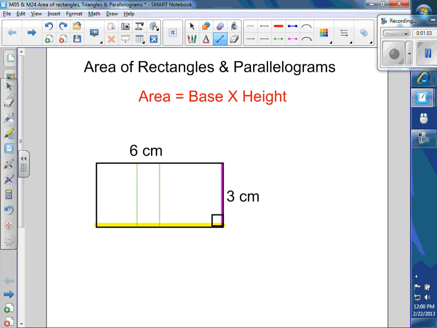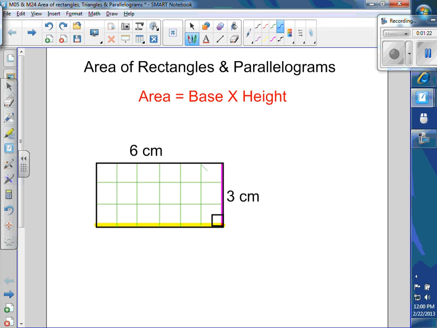Looks like we can divide this up pretty evenly into squares like this, because there's 3 units on the side, so I divide the side into 3 units. There's 6 units along the base.